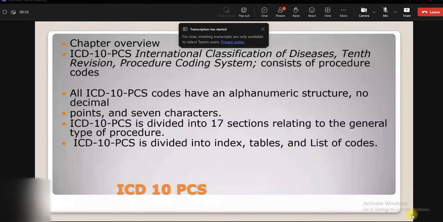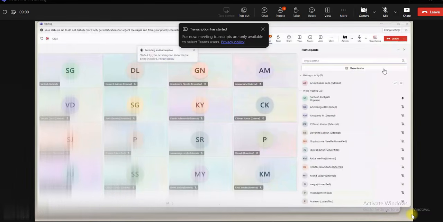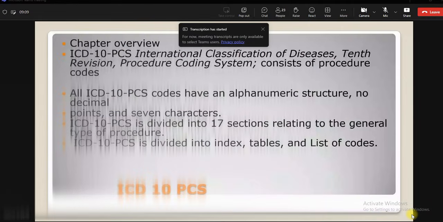The PCS procedure codes are also alphanumeric, but with no decimal points and 7 characters. All PCS codes are 7-character codes, but there is no decimal point.